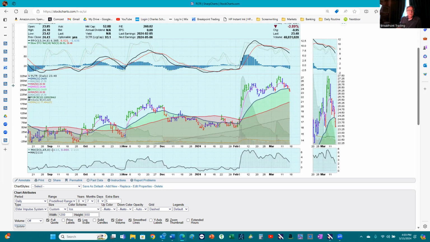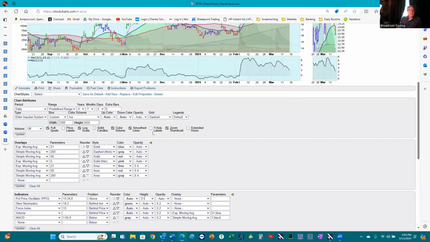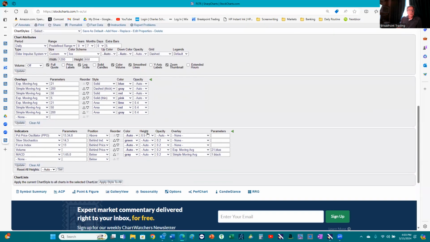Now, there is no signal line because I don't want a second line going through it. I just want to see whether this is above or below 0 and whether it's gaining or losing momentum. So this is basically a weekly view. Now, when I discovered the market timing system, I discovered a longer MACD from seeing Turner Capital at the Money Show.